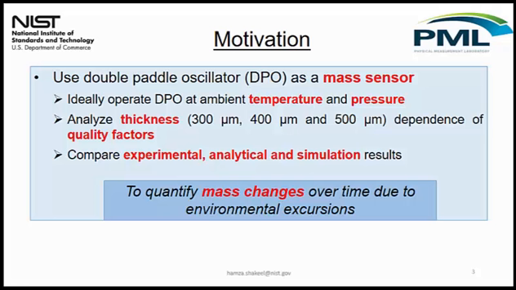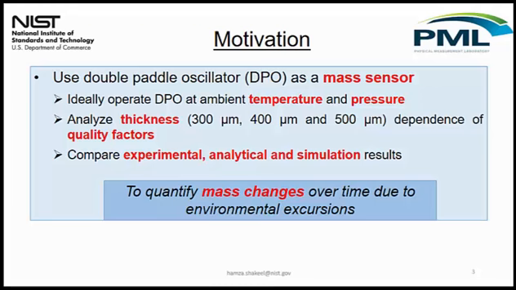But even if it's redefined in the next couple of years, we'll still face the problem that the artifacts being used to calibrate or compare masses still drift over time. It's reported that mass artifacts drift by almost 20 micrograms in 5 years. So we want to quantify those mass drifts, and we want to have some kind of a model.